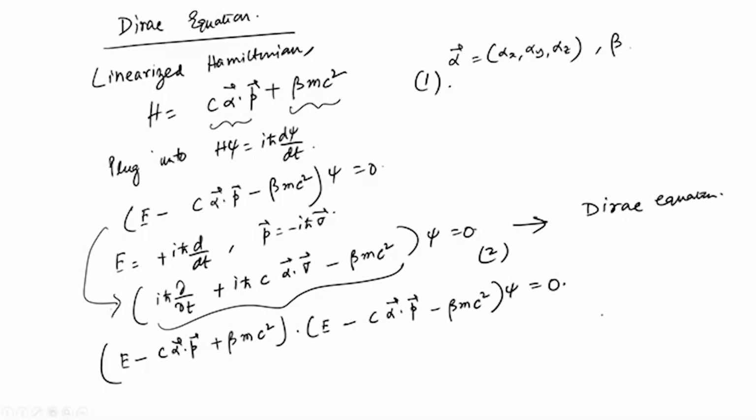This can be simplified. It will give you a big expression, but there is nothing much to worry about. You simply multiply it, and we have E squared minus c squared times alpha x squared p x squared plus alpha y squared p y squared plus alpha z squared p z squared. So this is one term.